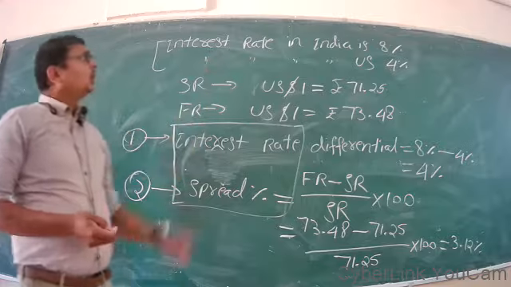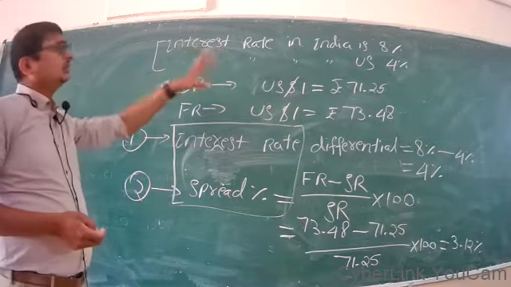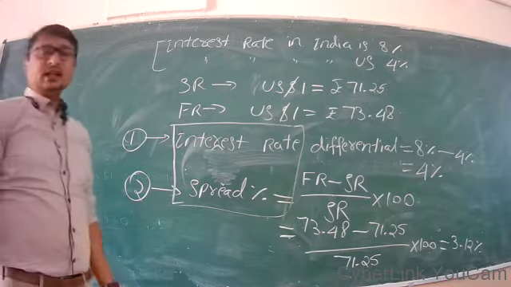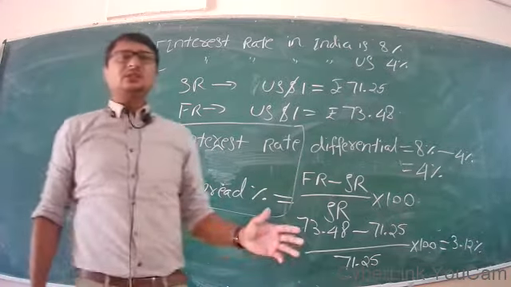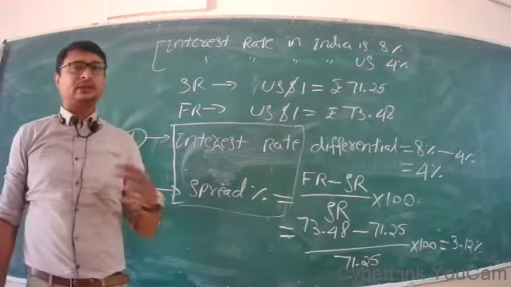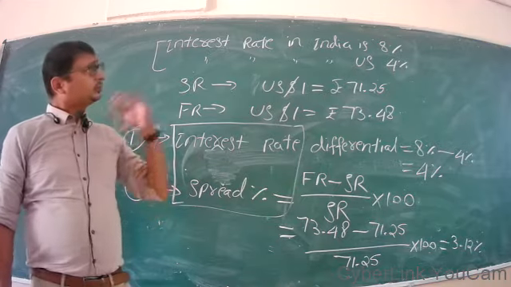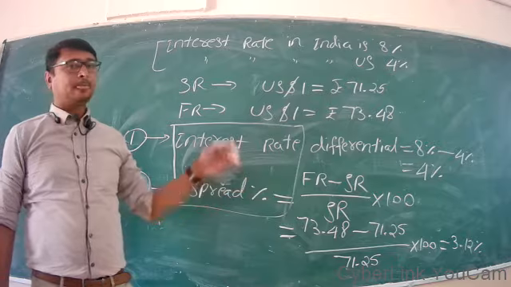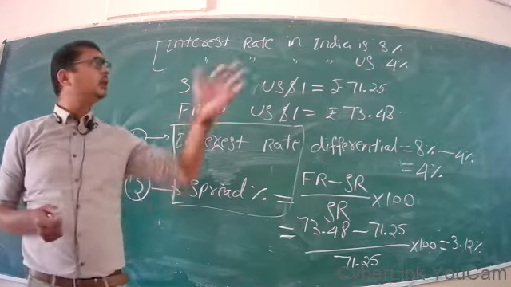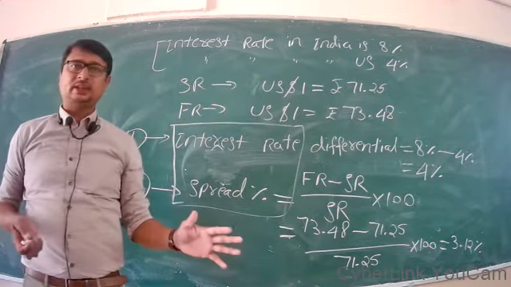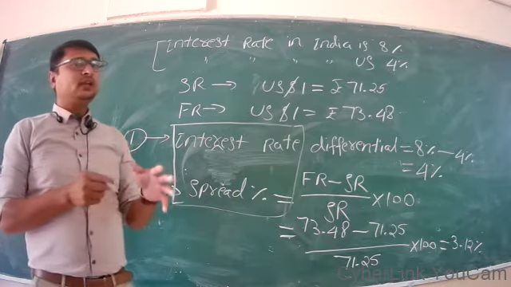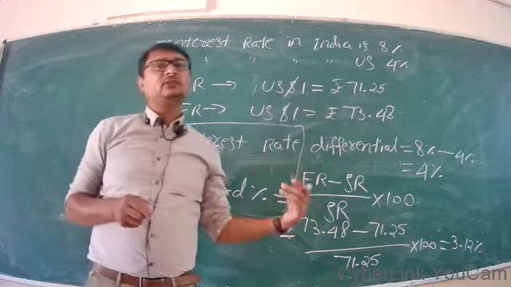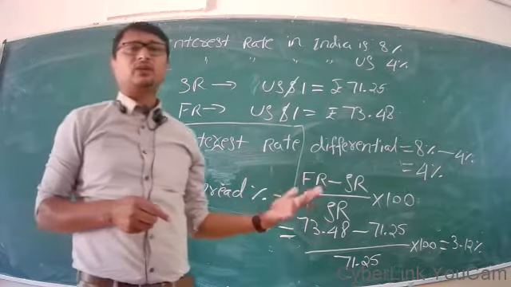So whoever sees this given data, interest rate in India is 8%, interest rate in US is 4%. By simply seeing this data, if we borrow a loan in US at 4% and invest in India at the rate of 8%, definitely we will earn profit.